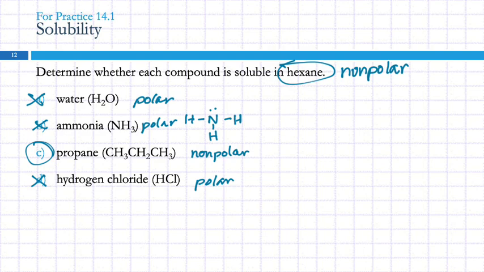Any questions? This is one of those questions that seems like you're supposed to have memorized a bunch of stuff, and actually not. It really comes down to identifying the polarity of the molecules. And we're not going to try to trick you with anything.